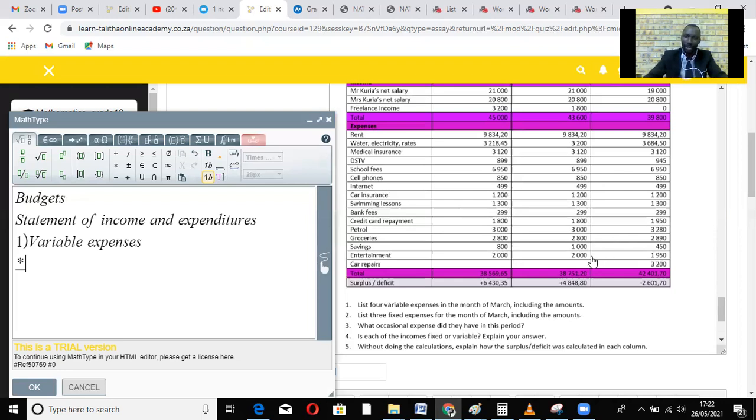Well, when we check through, we see that rent did not change, but water, electricity, and rates changed. From March, it was 3,218. Then, by the end of April, it was 3,684. So we include what? We include water, okay? We include electricity.